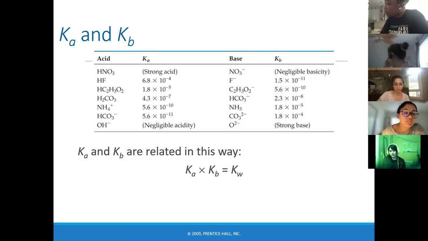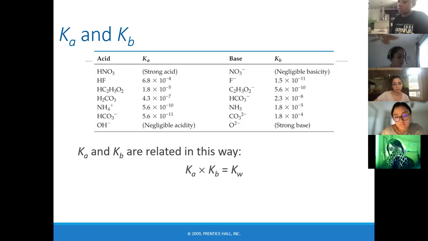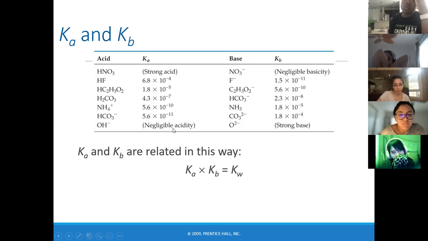All right. So let's think about this. I have HCO3. That can be an acid because it can deliver that H. Its Ka is 5.6 times 10 to the minus 11.